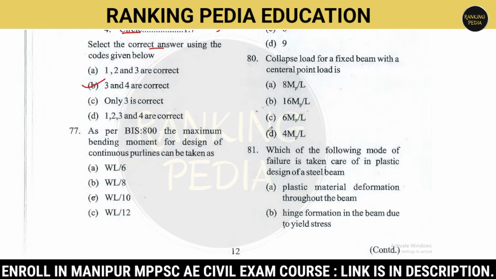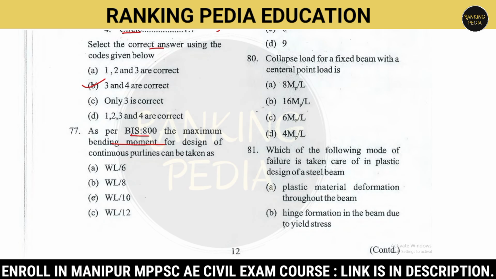As per BIS 800, the maximum bending moment for the design of continuous purlins can be taken as, options are given, M is the bending moment: WL/6, WL/8, WL/10, or WL/12. What is WL?